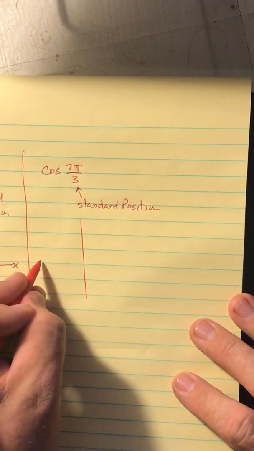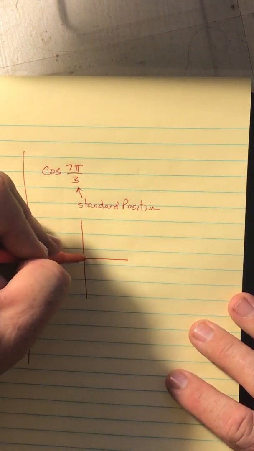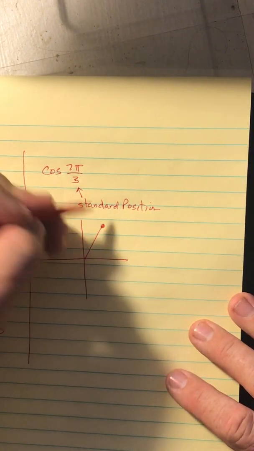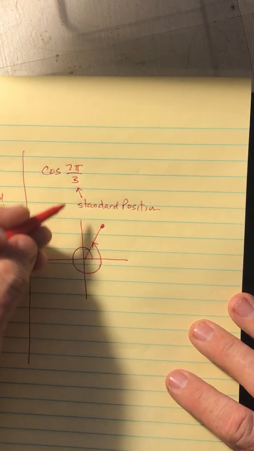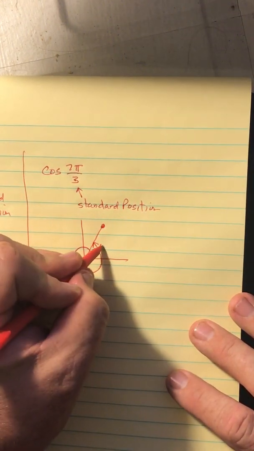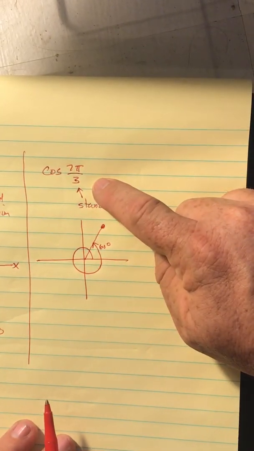So we know this thing is opened up somehow. I know that this is going to be right here. It's going to start and it's going to go right to here. And I know that that's going to be 60 degrees. I know that just because I know how radians work.